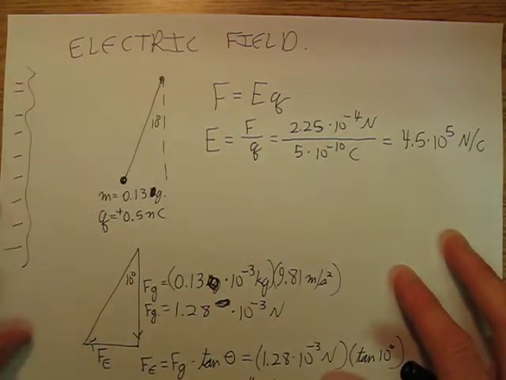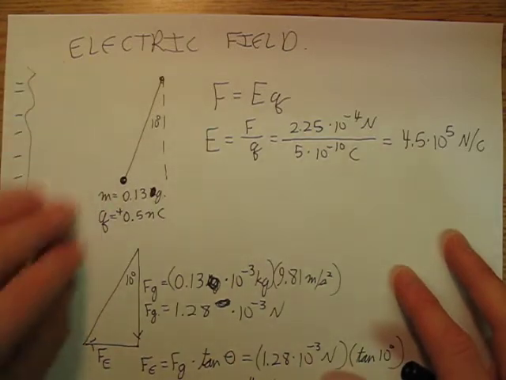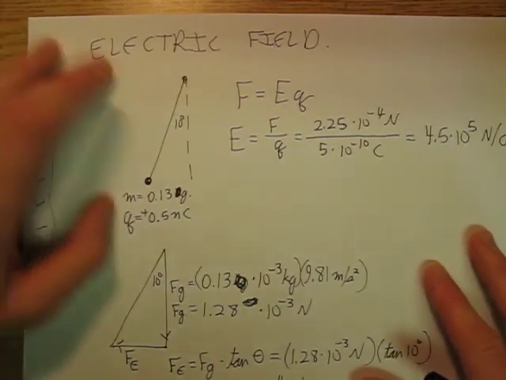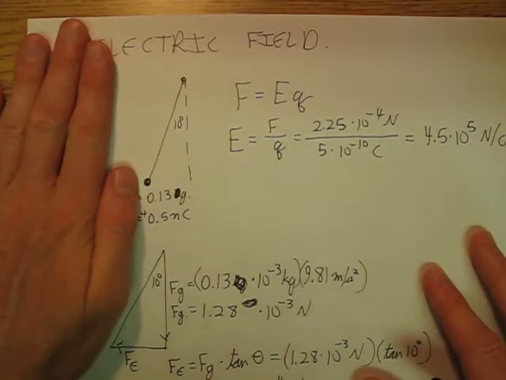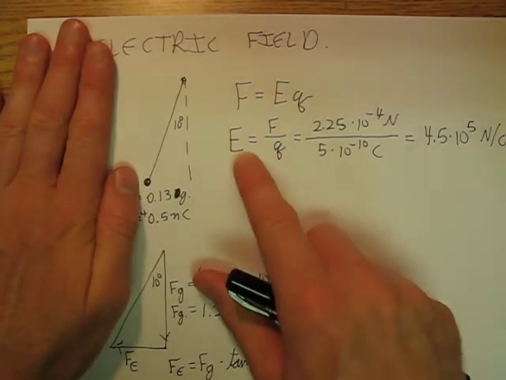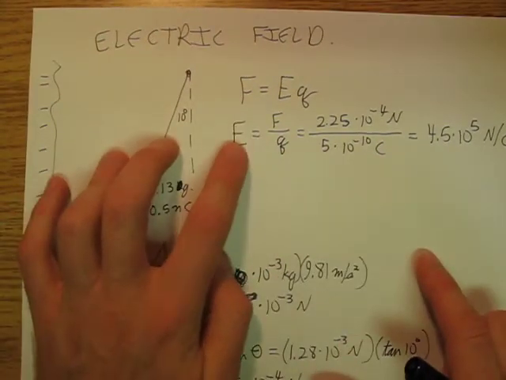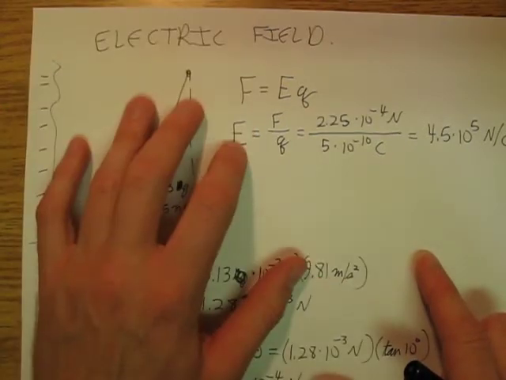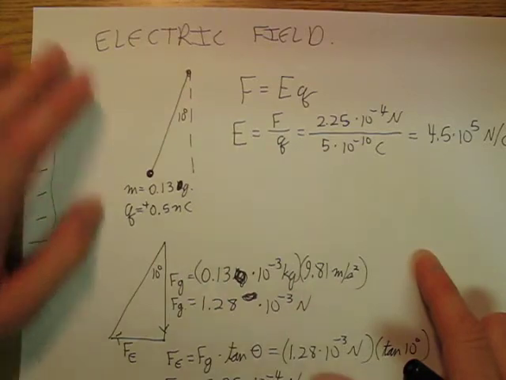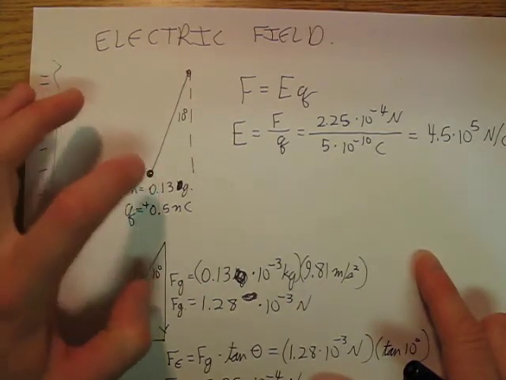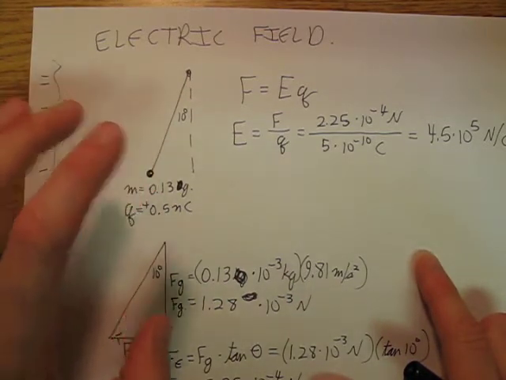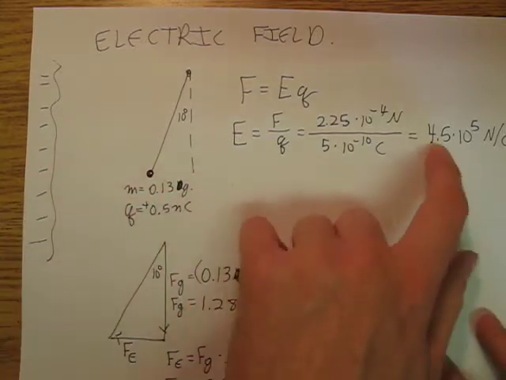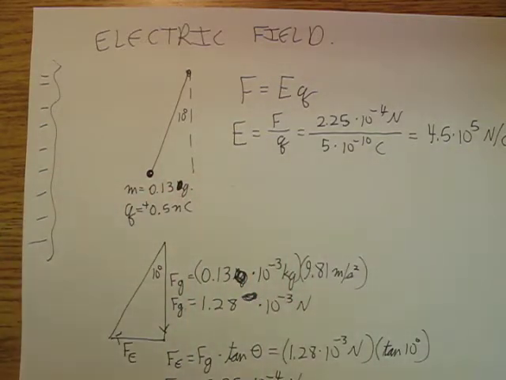We're going to take a lot of complicated stuff going on under my left hand, and we're going to replace it by this simple idea, which is E, which is just the electric field. So all of that stuff creates, at that point in time, an electric field that has a value of 4.5 times 10 to the 5th newtons per coulomb.